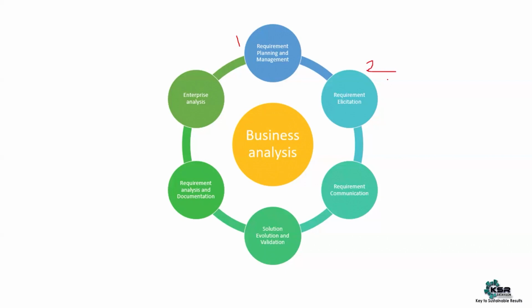Then the second step is requirement elicitation, requirement communication. Now, many of you will have a question: what is elicitation, what is communication? If I try to explain it now, it is very difficult to understand, but going further, I would be covering all this in detail.